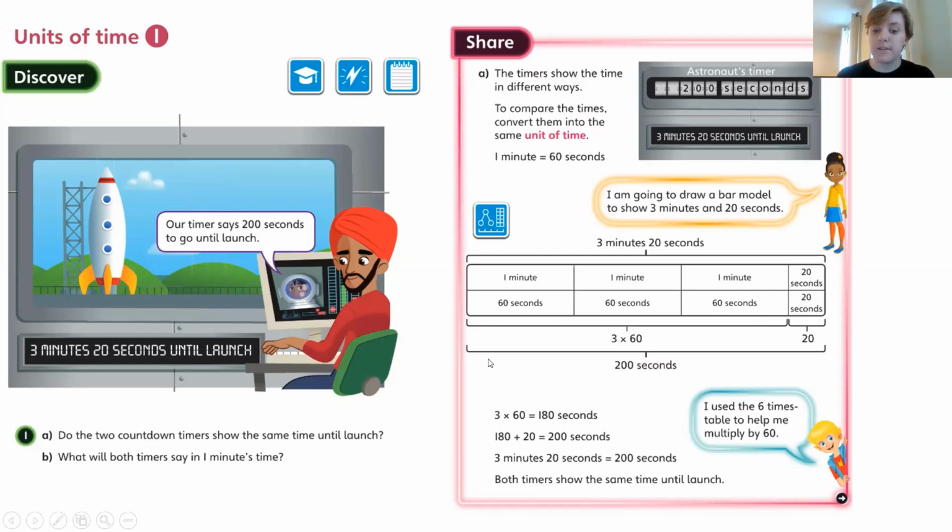Now that altogether is 200 seconds. So 3 minutes and 20 seconds is the same as 200 seconds, which is the same as the astronaut's timer just here. So both timers do show the same time until launch.